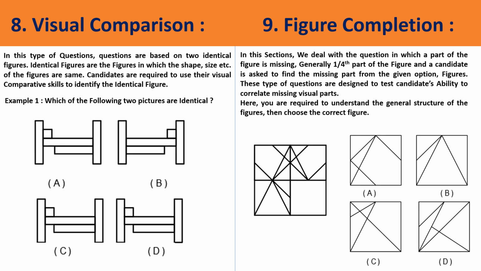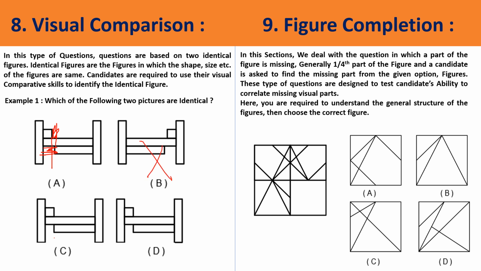Now visual comparison. In this type of question you have to identify which two figures are similar. So let us discuss the figures. Let's talk about A first and make the projections of it. There's a difference over here, and it is the opposite mirror of this, so B is not the answer.